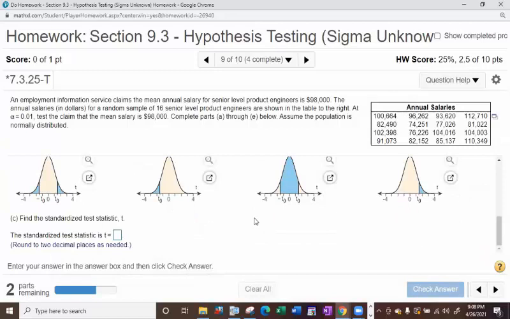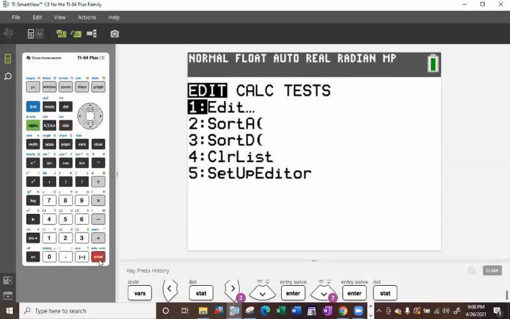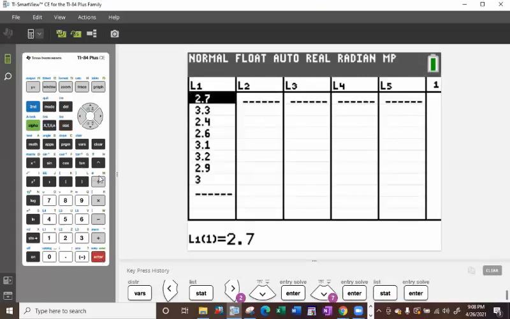All right, now here's where the technology comes in. All right, let me see. Stat, edit, list. All right, so I'm not going to talk here for a couple of minutes. I'm just going to type as quick as I can.